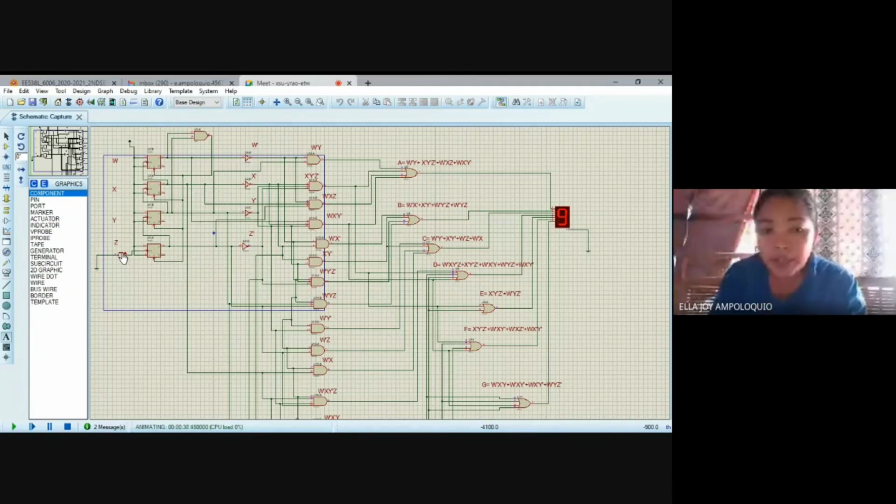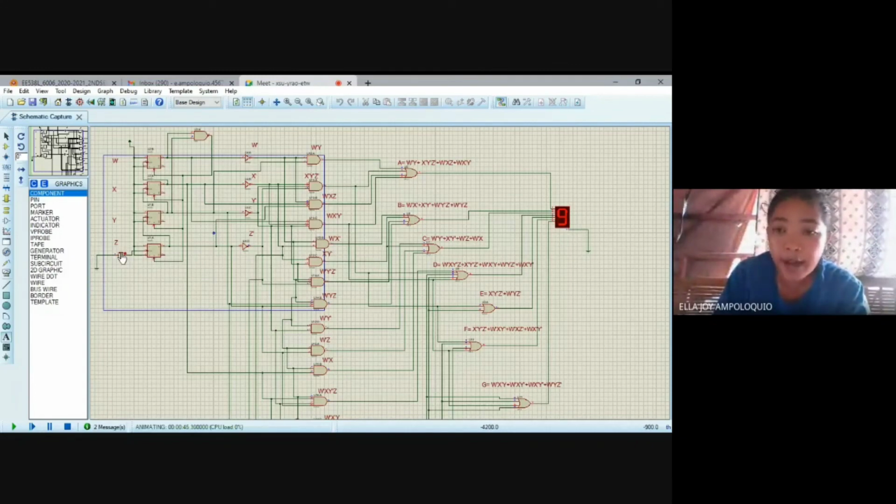After this, since it is only 0 to 9, once I click this button, the output should go back to 0. So let's see. If I click the button, supposedly the output will come back to 0.